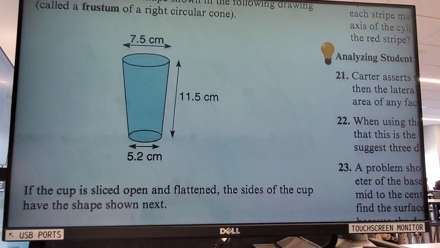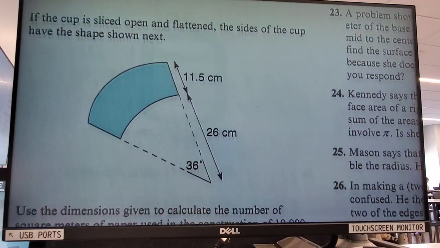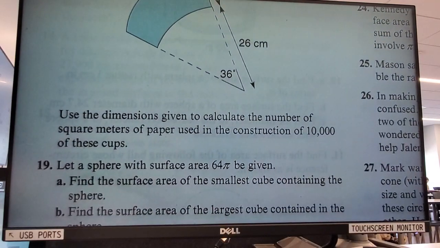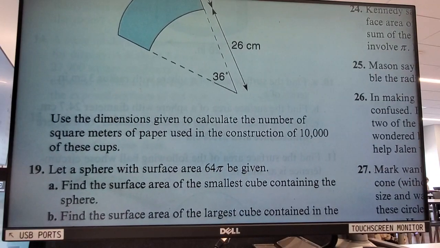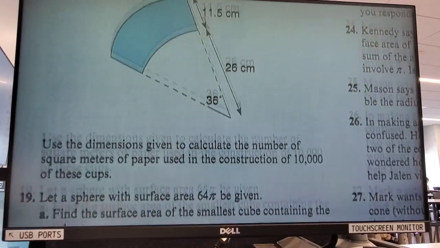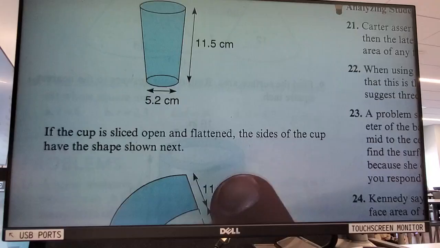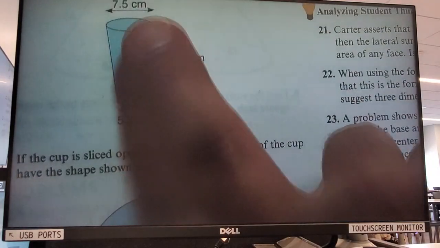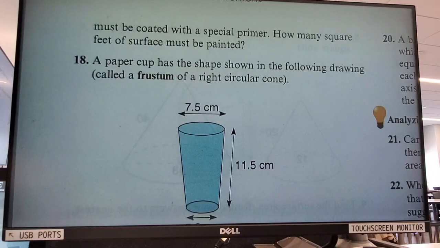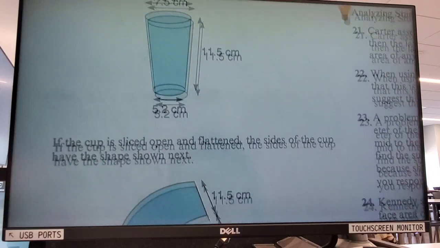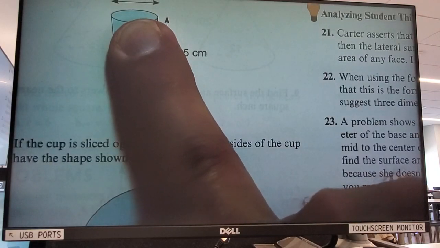If the cup is sliced open and flattened, the sides of the cup have the shape shown next. Use the dimensions given to calculate the number of square meters of paper used in the construction of 10,000 of these. I love it. So basically, you rip the sucker open, the sides have this shape, and you know the dimensions of the top and bottom, yes? This is supposed to be a cup. So the top should be open, I would say.